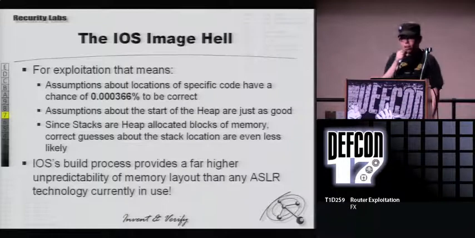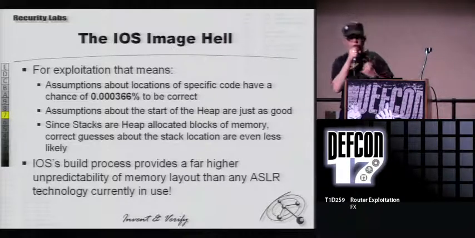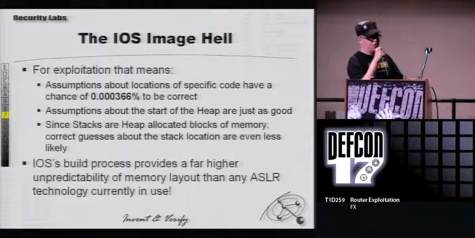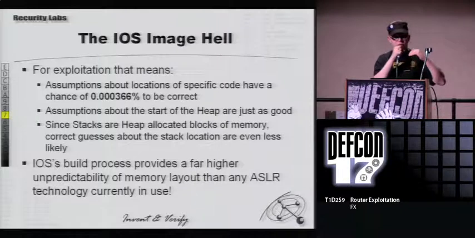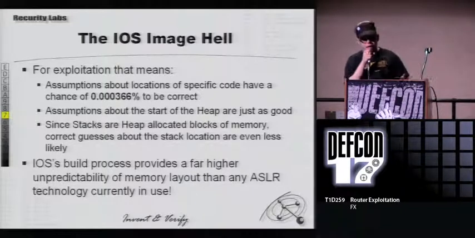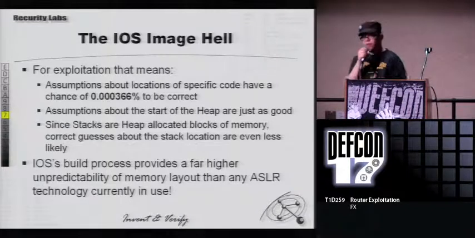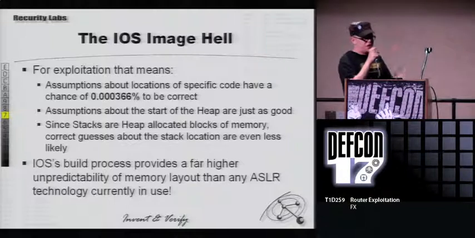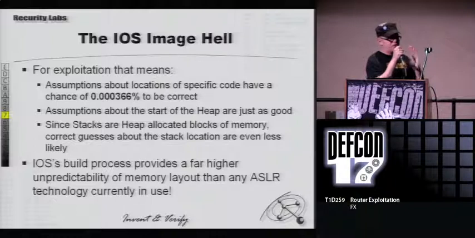And stacks are actually blocks allocated in the heap. So your chance of guessing where the stack is of the stack that you just overflowed is actually even smaller than figuring out where the heap is. And that essentially means that the messed up build process Cisco has is by far their best protection. It provides more entropy than any ASLR you've ever seen in a regular operating system.